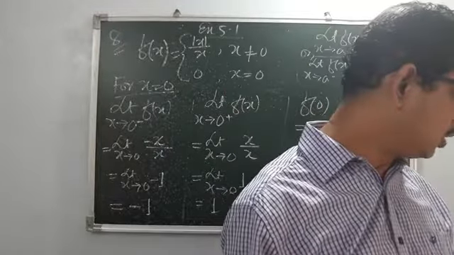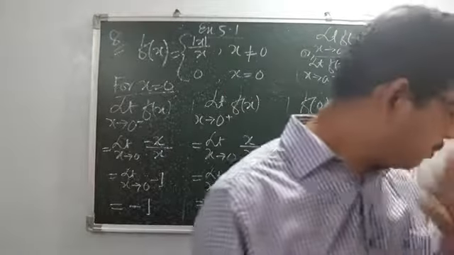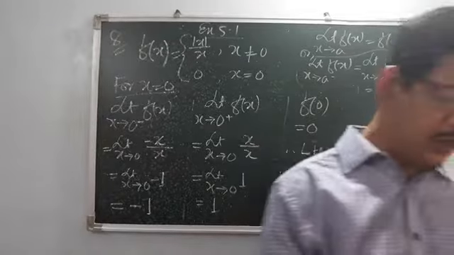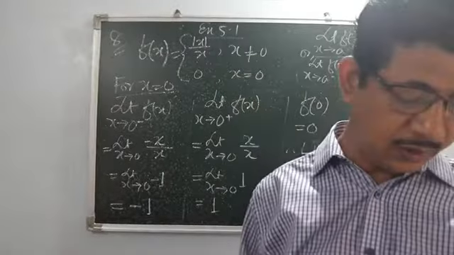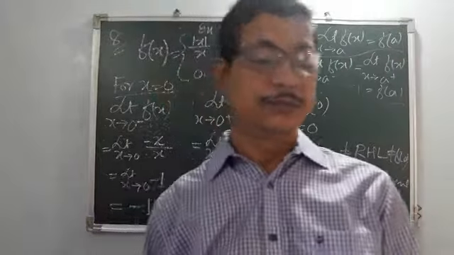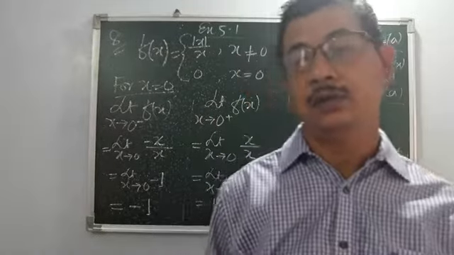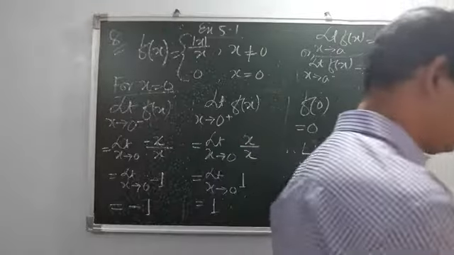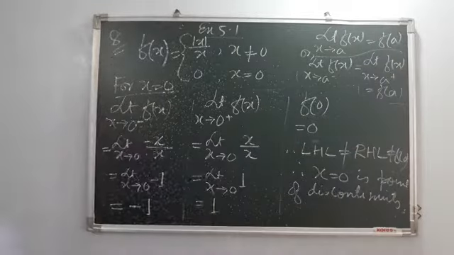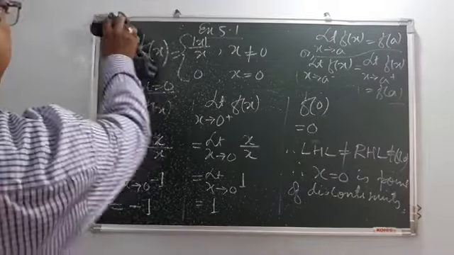Now we will do question number 10. It says that f(x) equals x plus 1 if x is greater than or equal to 1, and f(x) equals x square plus 1 if x is less than 1. So let's write this one. Here also you have to find the point of discontinuity.